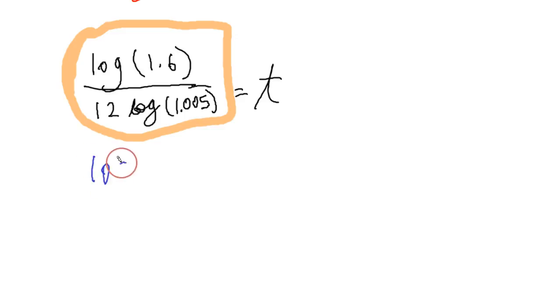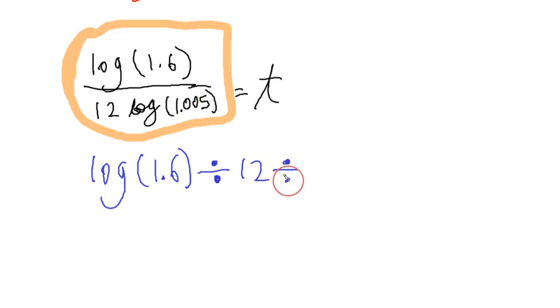Now on the calculator, I'm going to type in log 1.6. This big gigantic fraction bar means to divide. And here's one of the odd parts: it's going to be divided by 12 because 12 is in the bottom, but then there's also this log 1.005 in the bottom of the fraction. Because it's in the bottom, I have to hit divide again and then type in the log of 1.005.